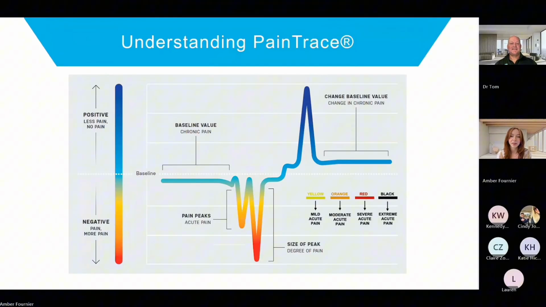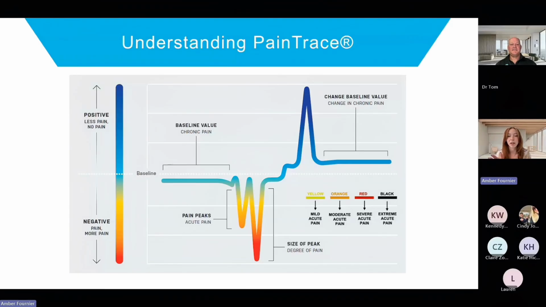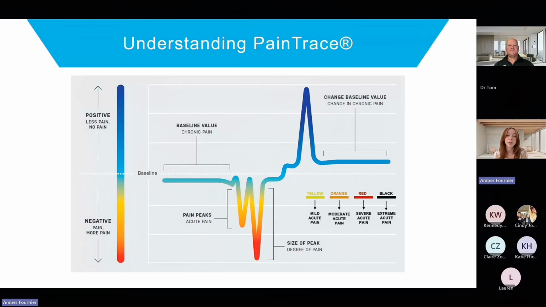I'll go through this a little bit more in detail before we go into Dr. Tom's case. So again, PainTrace measures both acute and chronic pain, and we can actually differentiate between the two within the PainTrace graph. So the PainTrace baseline monitors chronic pain, and essentially the more negative that value is relative to this y-axis, the more chronically painful the patient is.